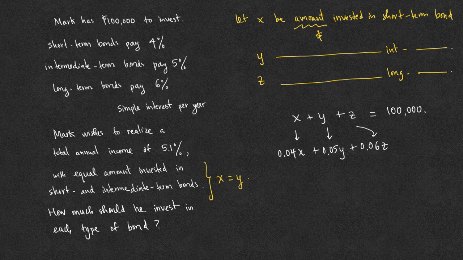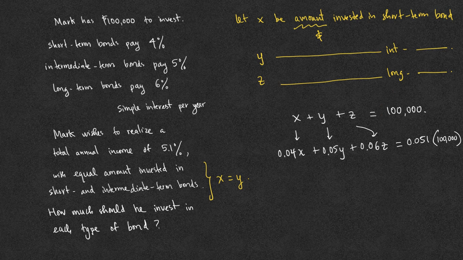We take the percentage of the interest times the amount, and we also need to take 0.051 times $100,000 because he wishes to realize 5.1% of whatever amount he invested in total.